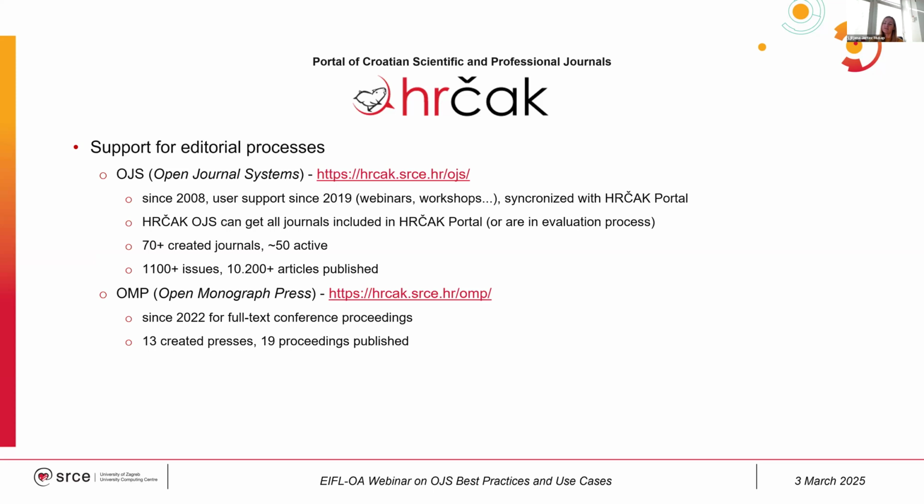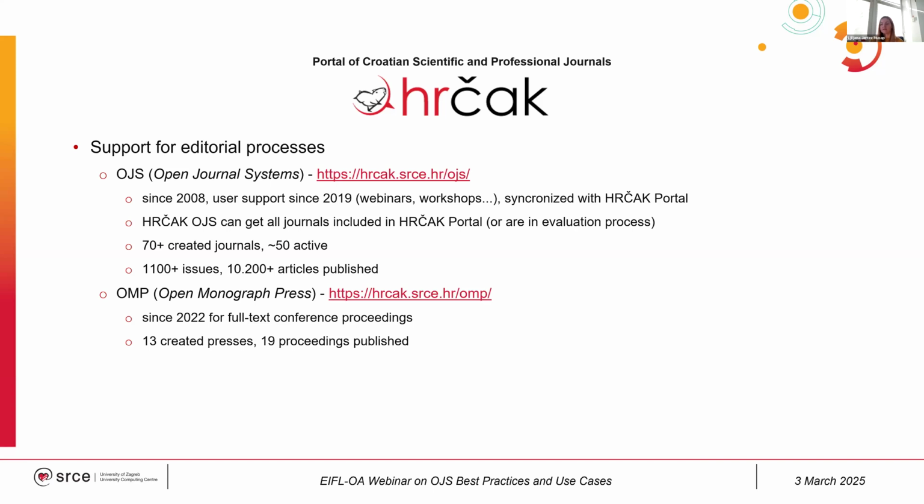So far, over 70 journals have been opened on Hrčak OJS, with about 50 of them active that are actually using the OJS. There are more than 1,100 issues published on Hrčak OJS and more than 10,000 articles. Then in 2022, we took another step forward with a launch of Open Monograph Press.